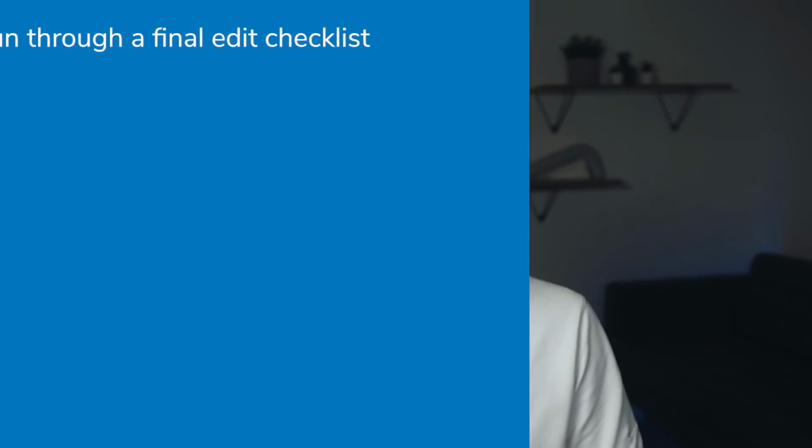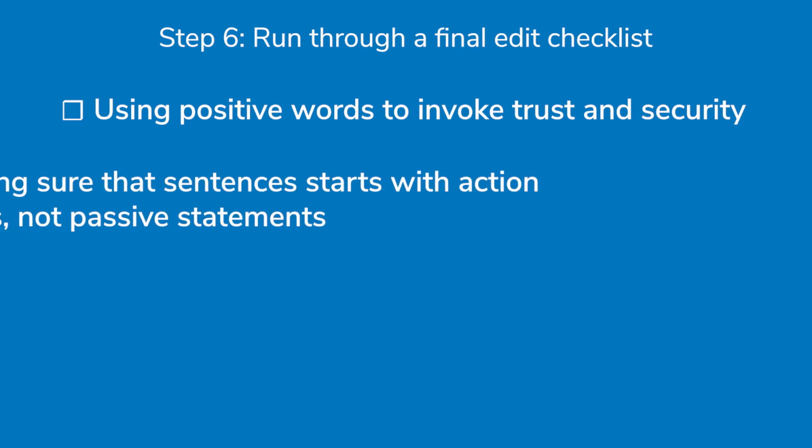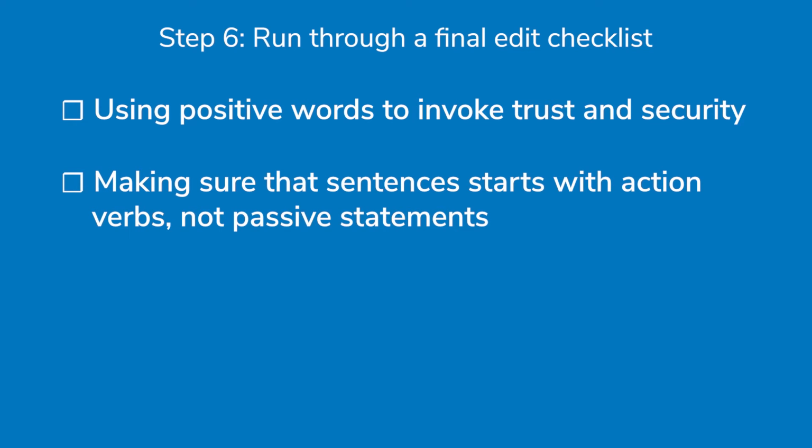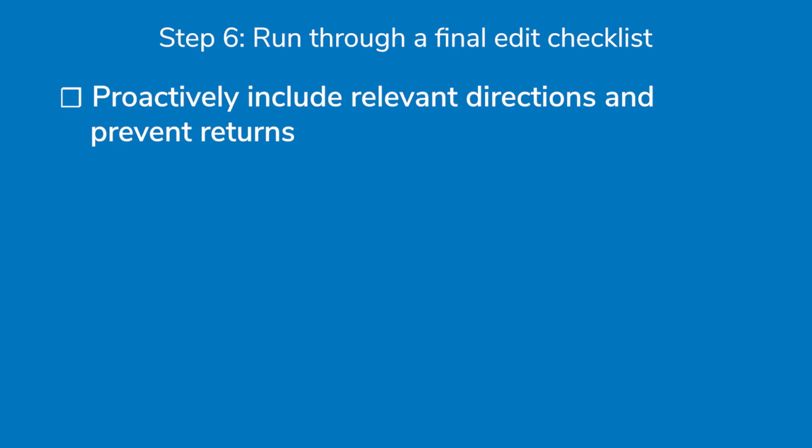Now, if you've done all those things, move on to some of the nitty-gritty refinements. I'm talking about using positive words that evoke trust and security, making sure your sentences start with action verbs, not passive statements. And did you use future and present tenses to help your customers feel like owners? Did you proactively include relevant directions and prevent returns?